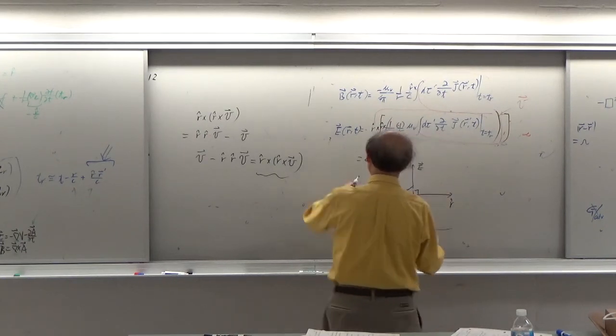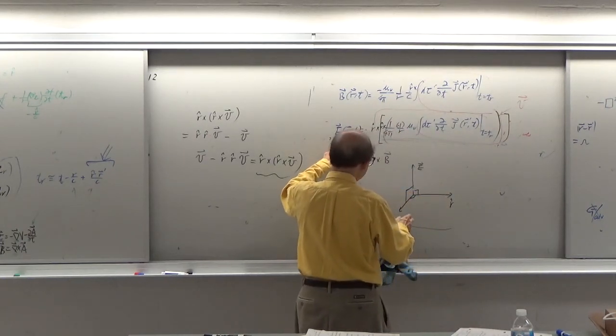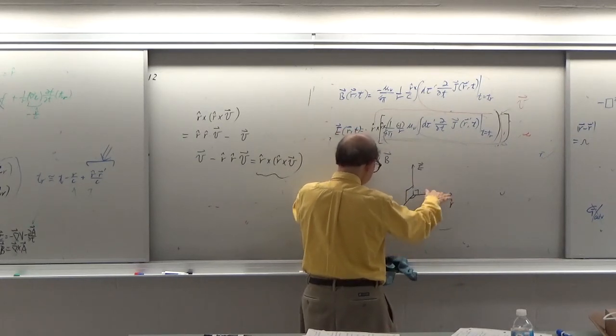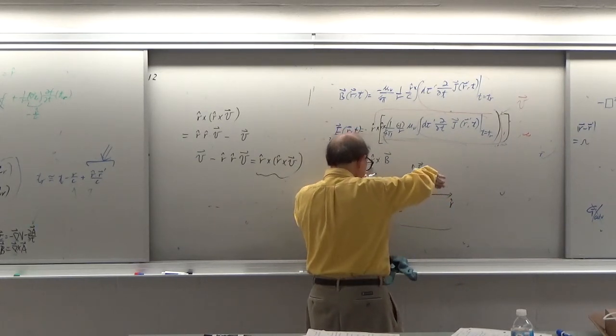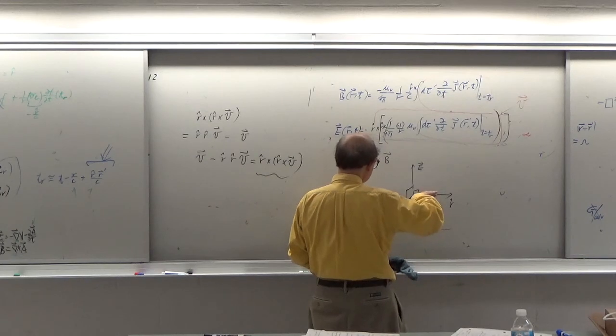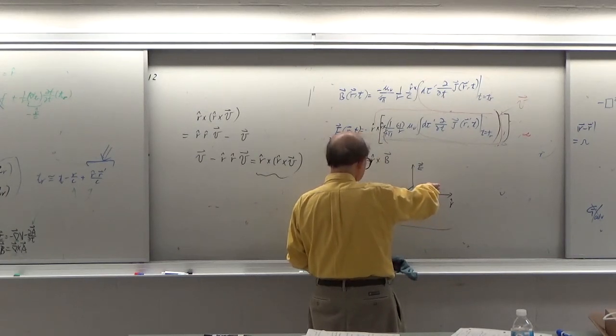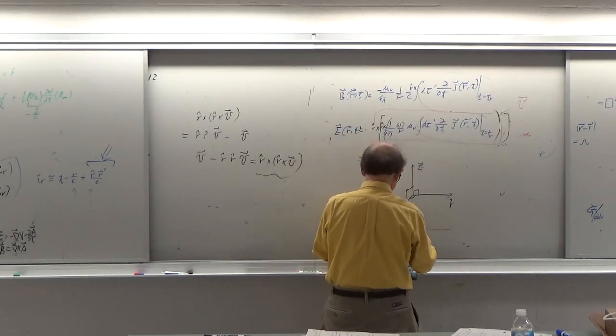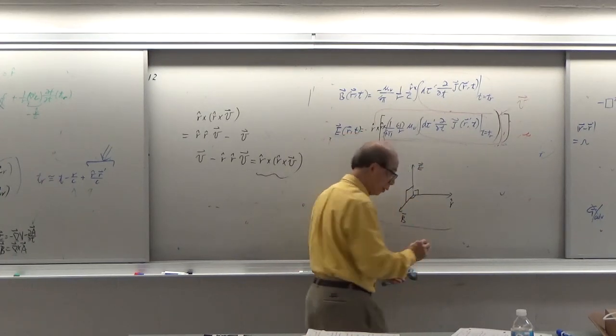So let's see. E is given by r cross B. Oh, there's a sign mistake. R cross B is minus this E cross B. So I made a sign mistake somewhere.